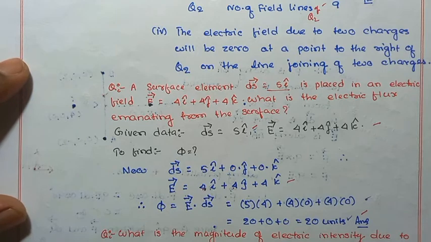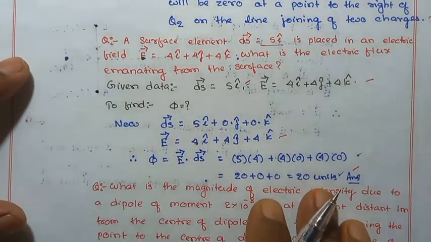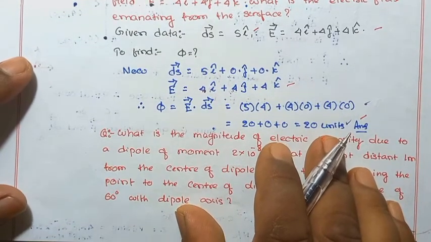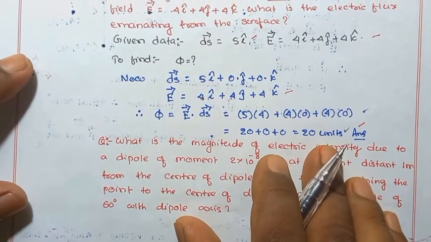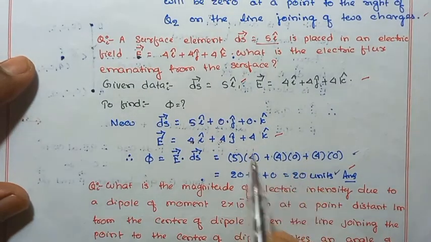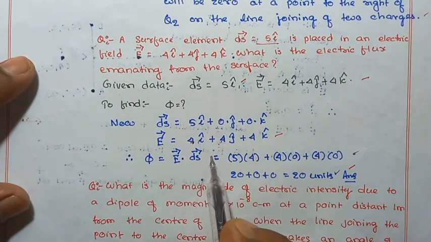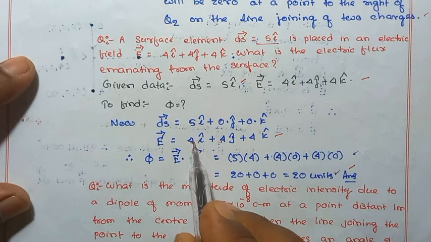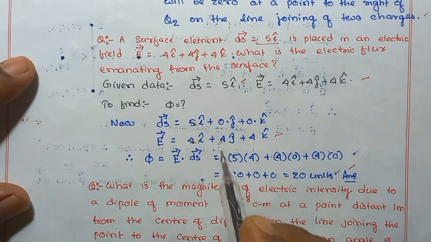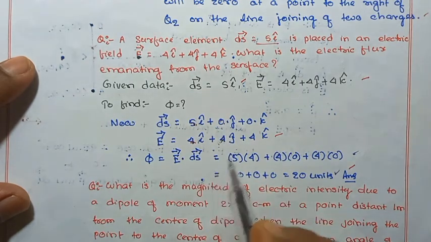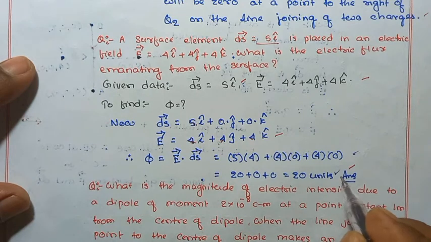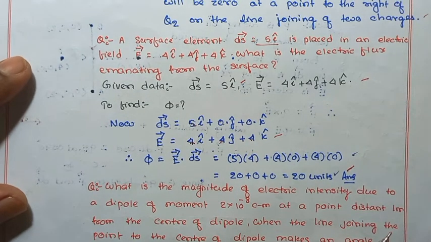Now electric flux phi is equal to E vector dot ds vector, that is 4 into 5 plus 4 into 0 plus 4 into 0. After solving we will get 20 units.